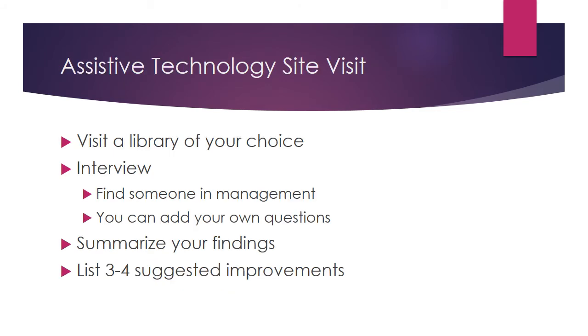Okay, the next assignment in Module 4 is the Assistive Technology Site Visit. So you're going to visit a library of your choice, and there are specific questions in the assignment that you need to ask.